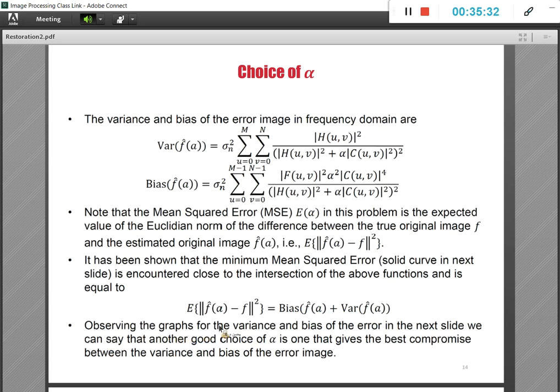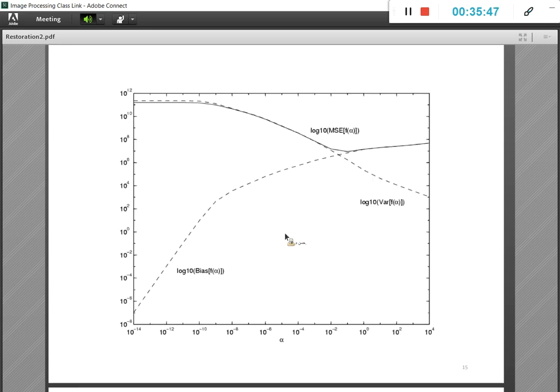That means observing the graphs for the variance and bias of the error in the next slide, we can say that another good choice of alpha is one that gives the best compromise between the variance and bias, or mean, of the error image.